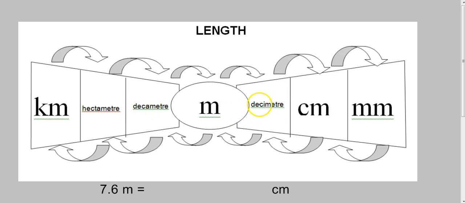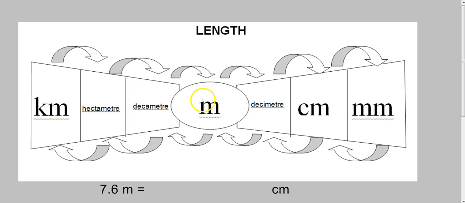This meant 1/10 of a meter. This means 10 meters. Then 10 decameters, which is 100 meters, is a hectometer, which might ring little bells for you. We'll see it again in the area bow tie. And then 10 hectometers makes a kilometer. So each of these sections of the bow tie all differ by a factor of 10.